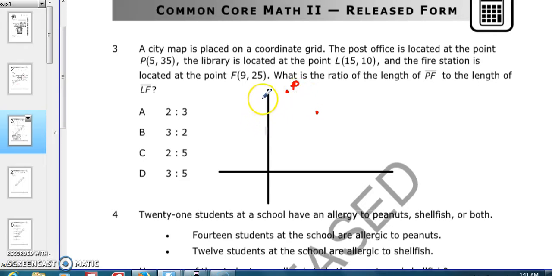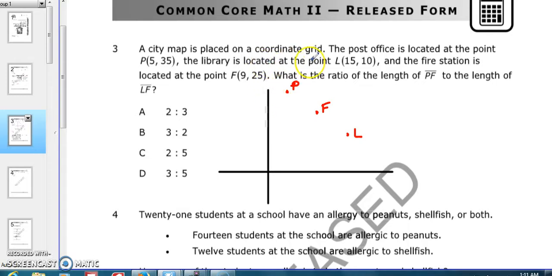And then point L is over a little further, X is 15, and down a little further at 10, so we're kind of down here. And so we're looking for the ratio of the distance PF, where F is our middle point, and L is here. The ratio of PF to FL.